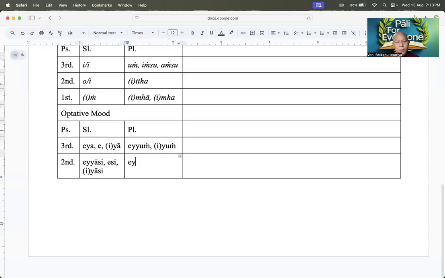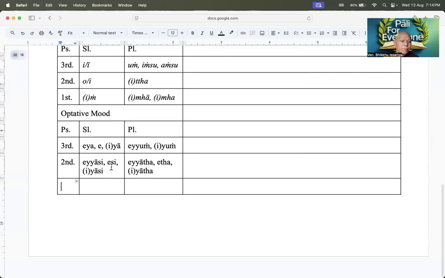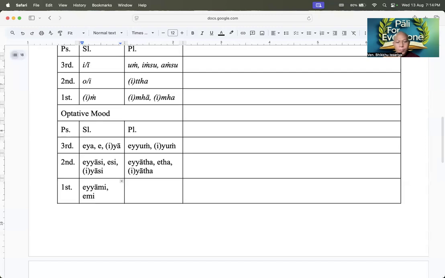And then eyyatha, and then etha, and then iyatha. And then now first person singular: eyyami, and eyyam, and iyami.